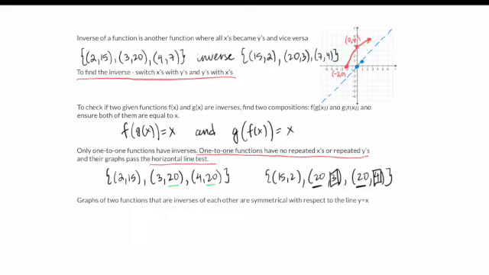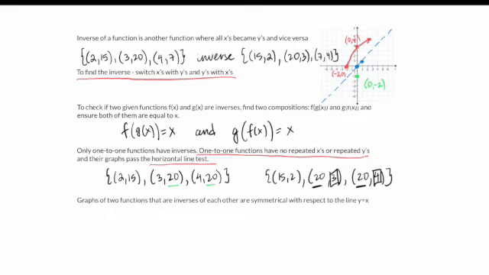Now, how to graph the inverse? Well, we're going to go back to the definition of function inverse, which tells us to simply take all the x's and make them y's and vice versa. So I'm going to do that with the 2 points from my red graph. The first point, (-2, 0), will become a new point in the inverse of the function where the new x is 0 and the new y is -2. (0, -2) is the point right here.